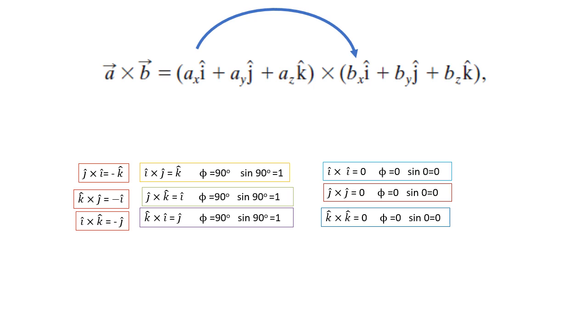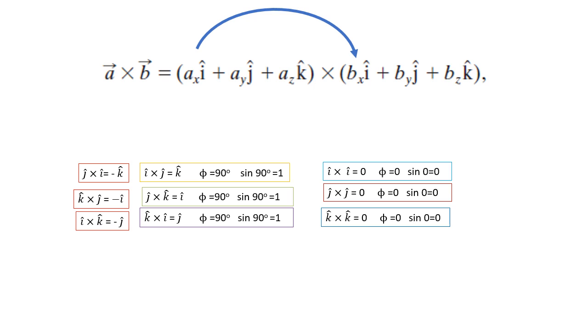Okay, so look at this table here: i cross j, i cross i, j cross j. We have to use this information to find what we get when we multiply a and b. Now we are going to find what is on the left side: a cross b. So (ax i + ay j + az k) cross product with (bx i + by j + bz k).